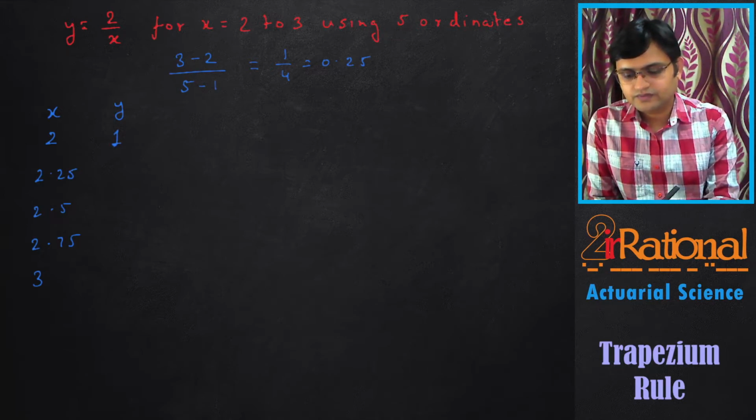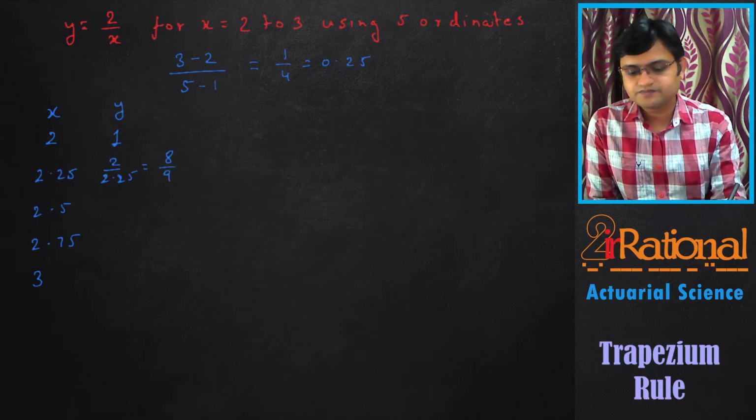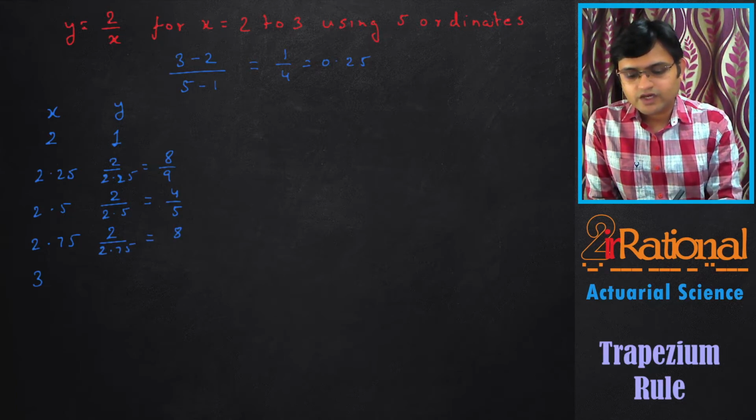So I'll let these be fractions, so I will have something like 2 by 2.25, that gives me 8/9. Then 2 by 2.5, that is 4/5. 2 by 2.75 will give me 8/11 and 2 by 3.